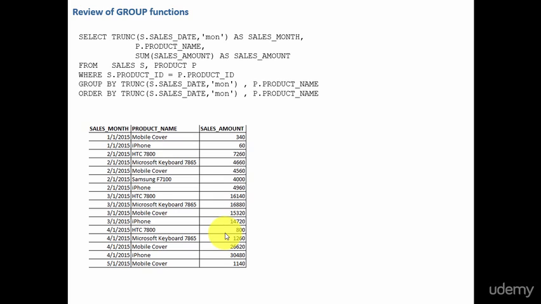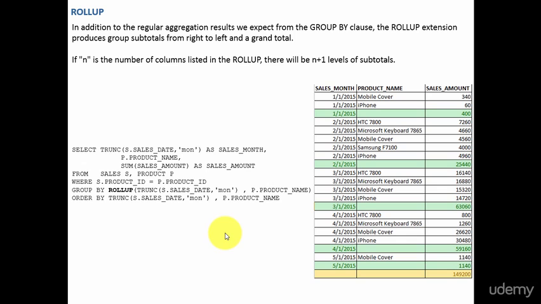What if I want to display a total for every sales month? Can I do that? Yes, I can do that, using a roll-up. If you look at the report here, for every sales month we are displaying the total. For January 2015 the sum of sales amount is 400.